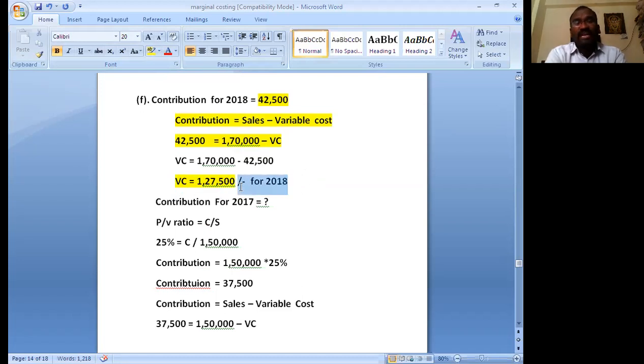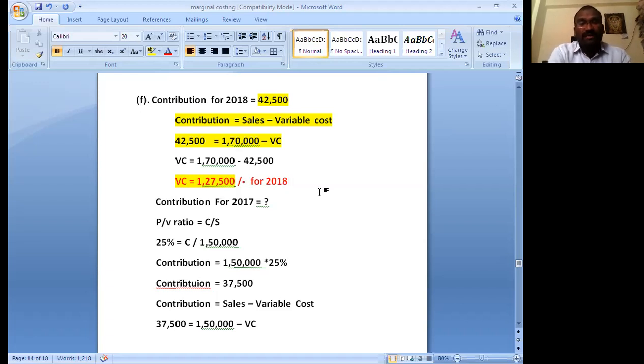That is the variable cost. For which year? The 2018 variable cost. He is asking for the variable cost of 2 years: 2018 and 2017. So the 2018 variable cost is completed.